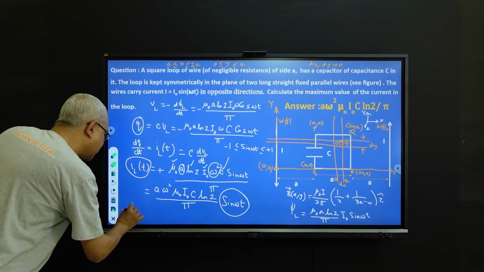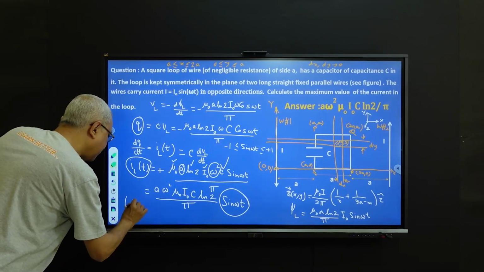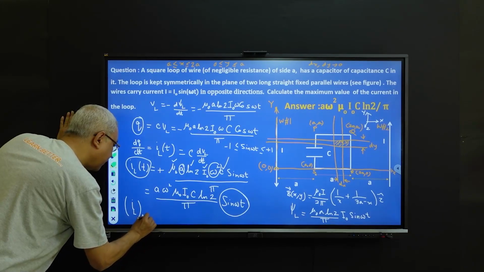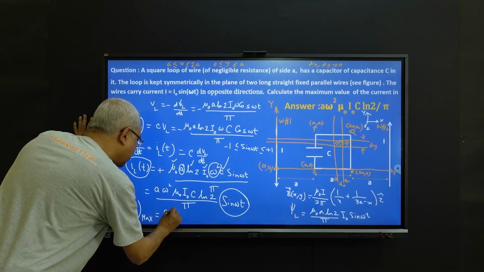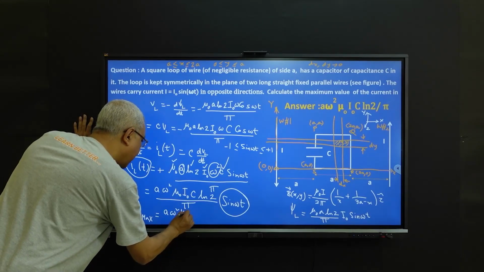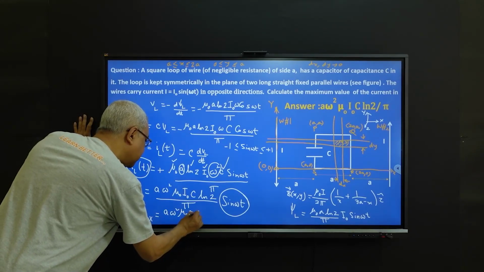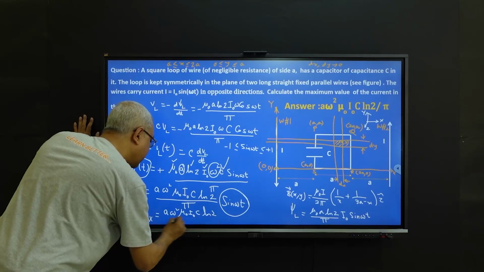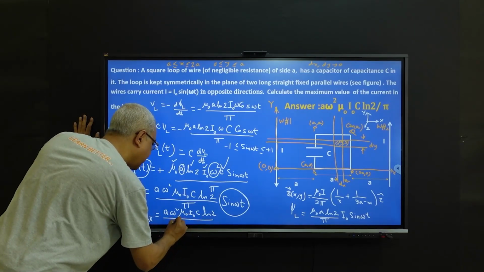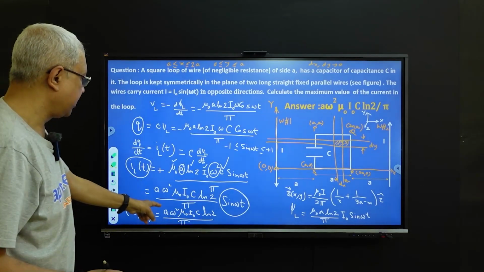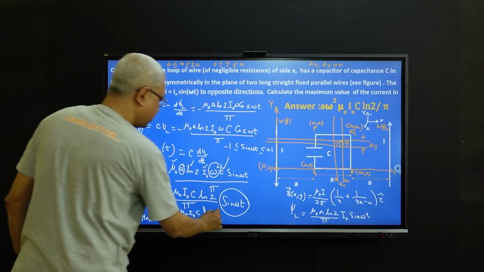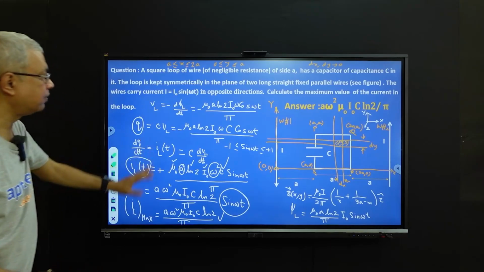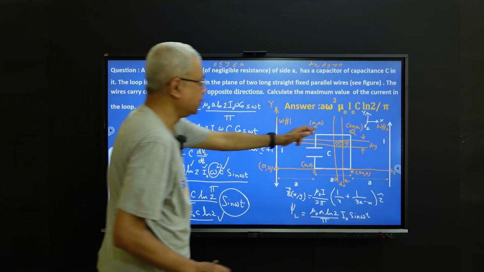So IL max will be A omega square mu naught I naught C ln 2 by pi. This is the expression for the maximum value of the current flowing in the loop.